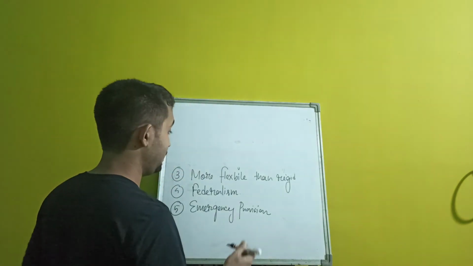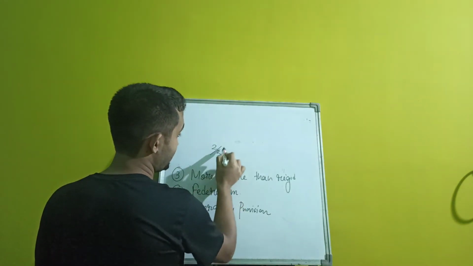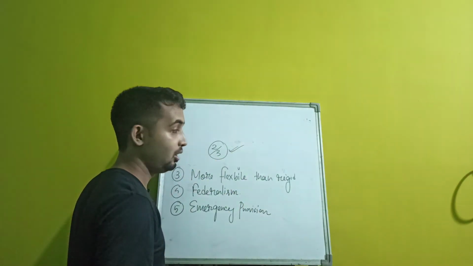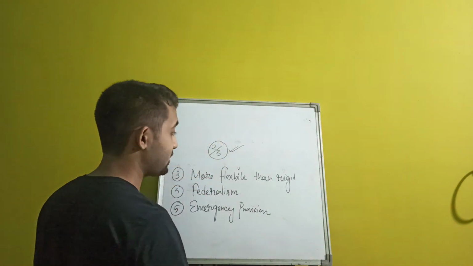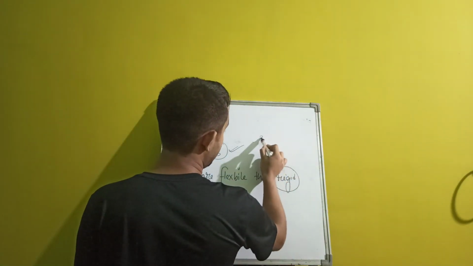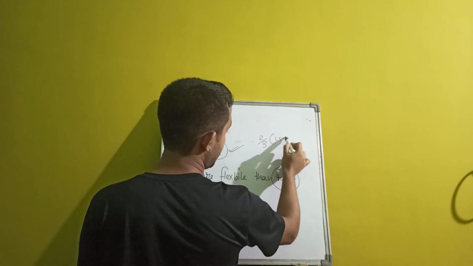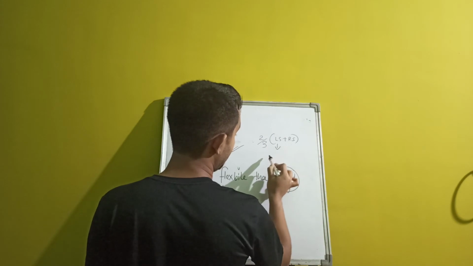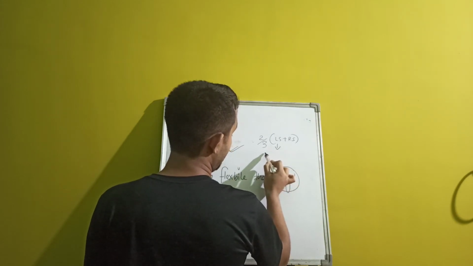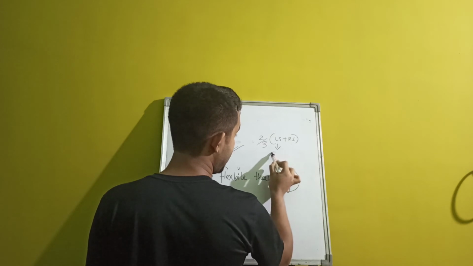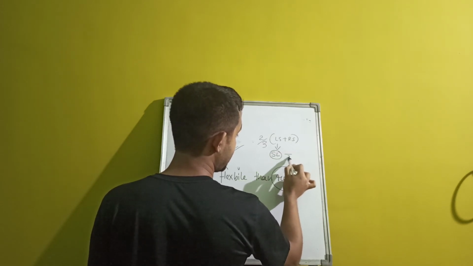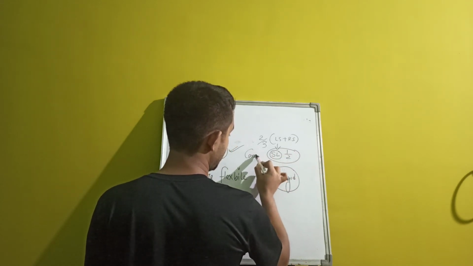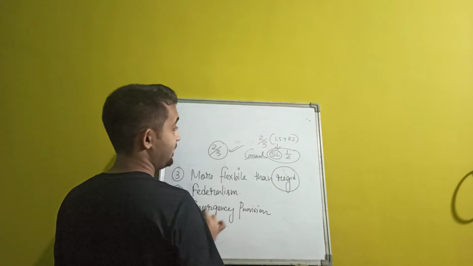So, for example, using 2/3 majority, we can sometimes easily amend our constitution. But for some cases, we need 2/3 majority in Lok Sabha also, Rajya Sabha also, and after that we need half of the state legislature's consent. That means it becomes rigid.